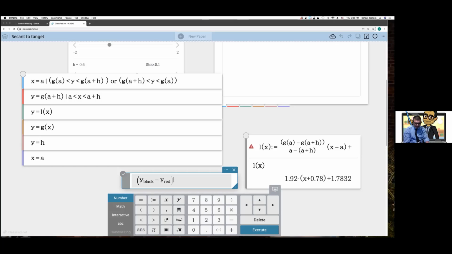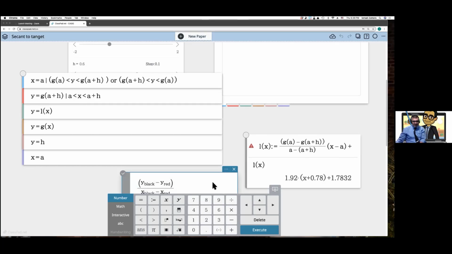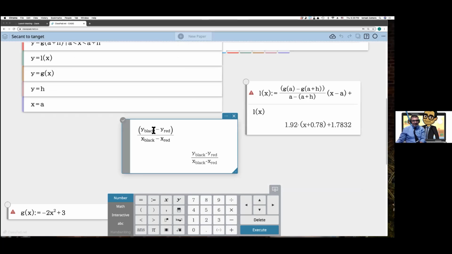I use the subscript, which is shift underscore. And I'll do the same thing with the x-coordinates, x sub black minus x sub red. So that is our familiar equation for the slope, change in y over change in x.